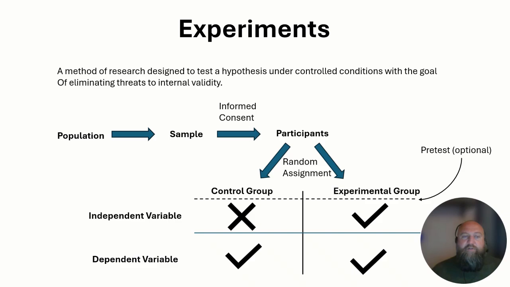But remember, internal validity is really your ability to say that what you're testing is actually what you're studying, in a nutshell, right? So a little bit of a refresher here, but also a little bit of a connection to what I was talking about of what you need to collect as far as data.